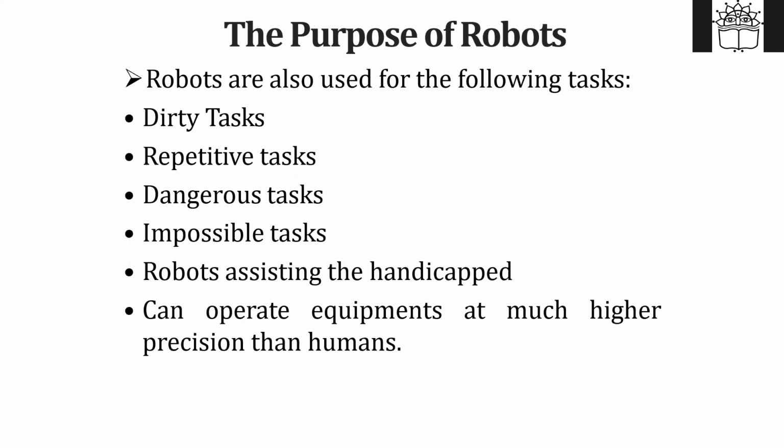In case of robotics, there are two things which are important. One is accuracy and one is precision. If we compare accuracy and precision of a robot with that of a human, it is quite obvious that the accuracy as well as precision which is achieved by a robot is much higher in comparison to a human.